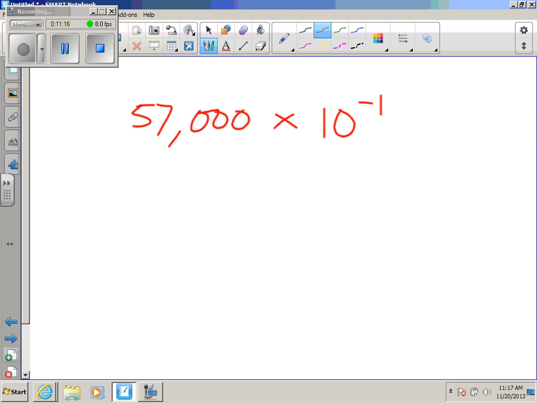Now there are only 2 directions I can move my decimal. Left or right. Correct. If this were just a regular positive 10 to the first power, I would move my decimal what direction and how many places?